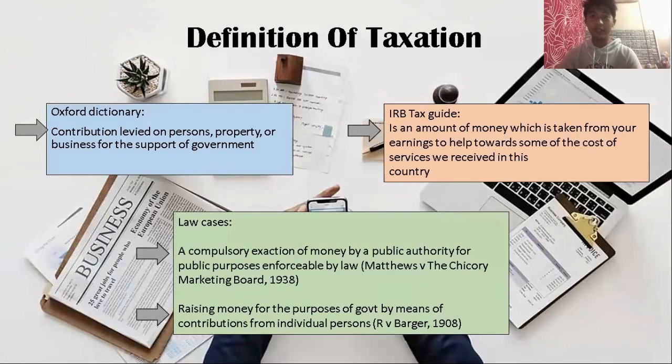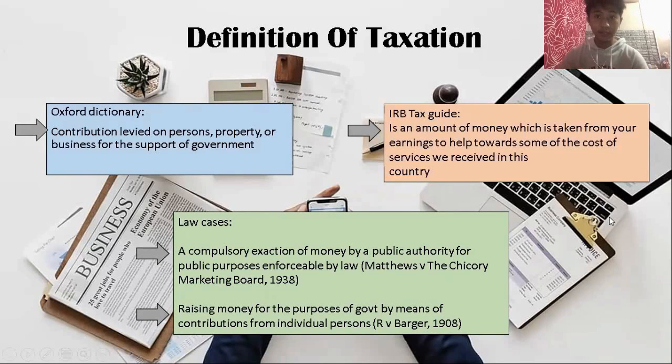Definition of taxation. There are three types of definition. The first one is from the Oxford Dictionary: a contribution levied on persons, property or business for the support of government. The second one is from the IRB: an amount of money which is taken from your earnings to help towards some of the cost of services we receive in this country. And the last one is law cases.